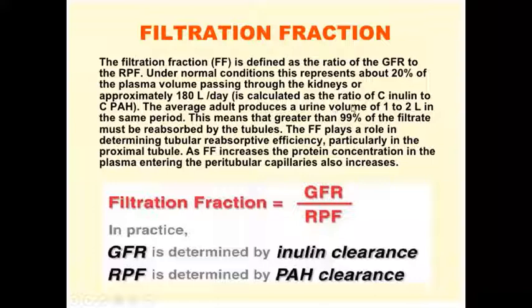So greater than 99% of the filtrate must be reabsorbed by the tubules. You can assess how good the reabsorption is by calculating the filtration fraction. So that's the clinical significance of the filtration fraction, because you want to assess how good reabsorption is.